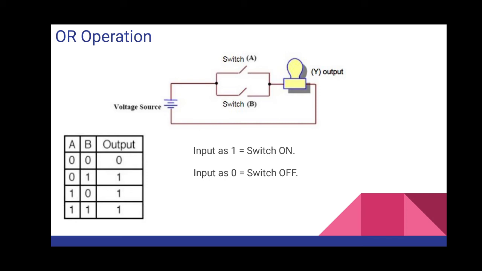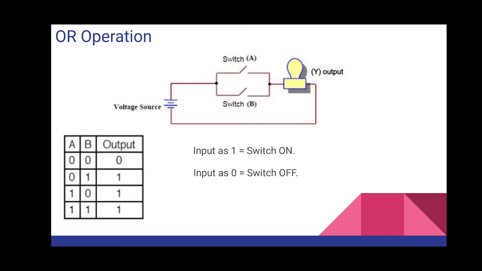So again we'll see the current will start flowing. The current will go to A as well as it will go to B. The current will split. Now it will observe that B is off. So it is open, so it will not pass through B. But it will see that switch A is kept on, that is 1. So it can pass through switch A and it will reach to the bulb, right? So it can complete the circuit and hence the bulb will glow, right?